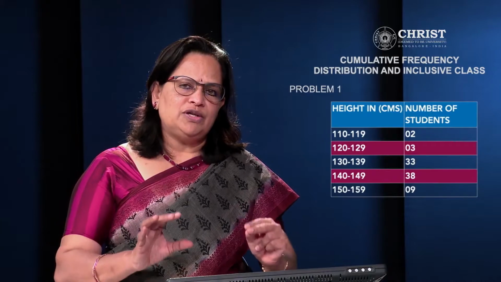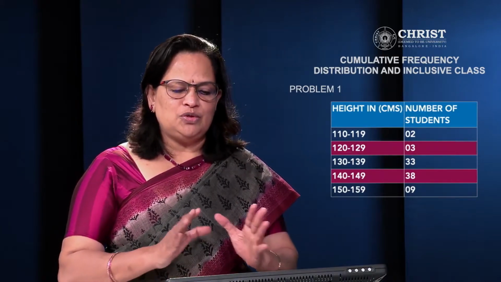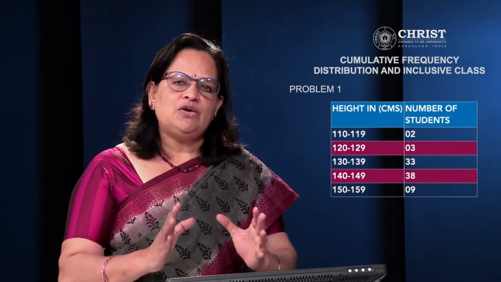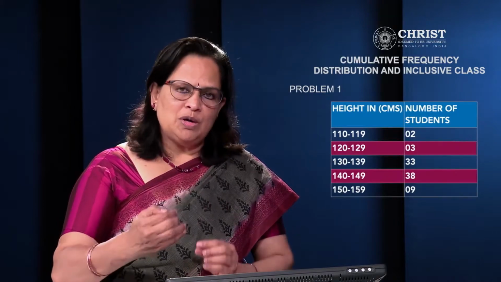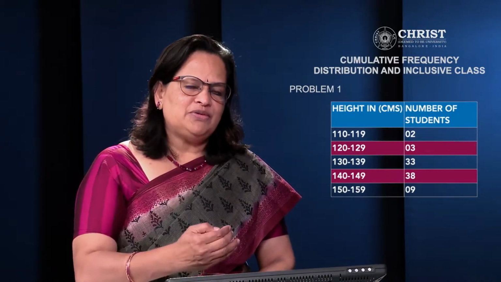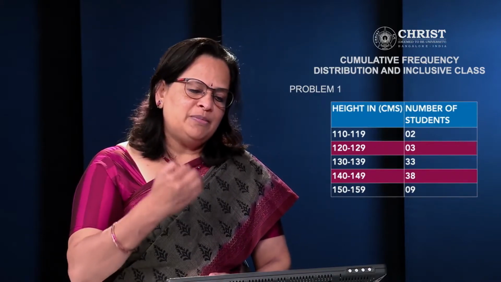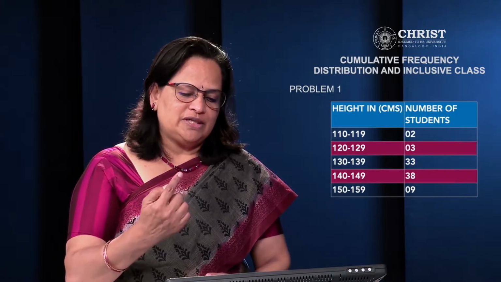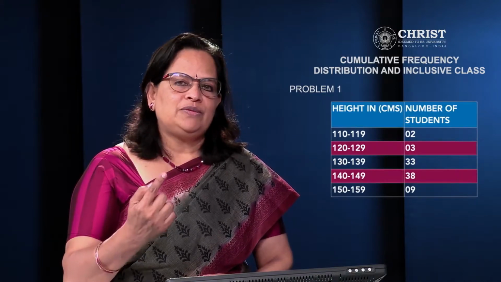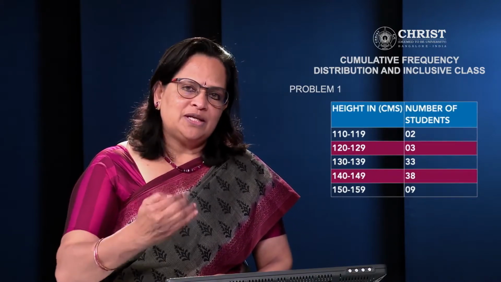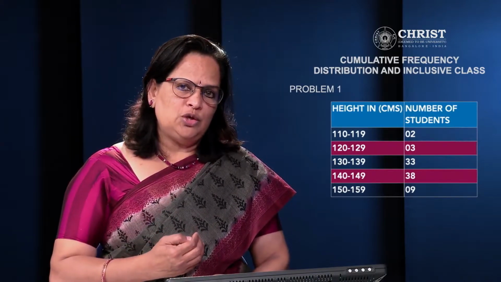That is easy for further computation. Now we have to convert this into ordinary frequency distribution. For that we will find out the class boundaries. The correction factor is the lower limit of the second class minus the upper limit of the first class, divided by 2. If you take the difference, you will get 0.5. That correction factor you will subtract from all the lower limits and add to all the upper limits.